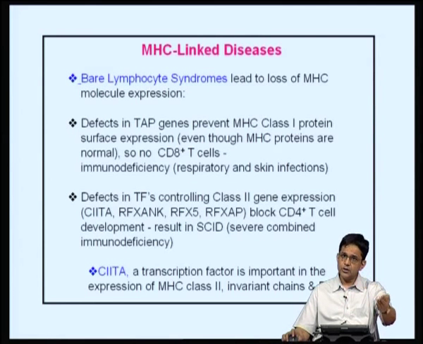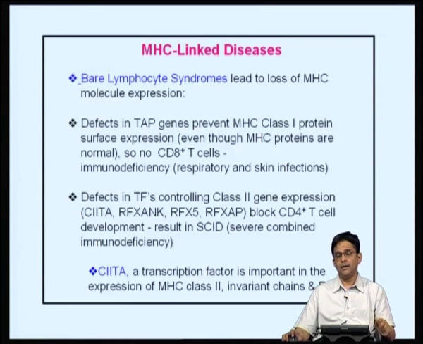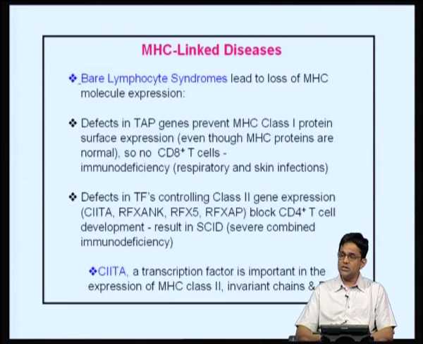What this would do is you would have less number of CD4 positive cells. In the absence of CD4 positives, which are important in helping macrophages, B cell help, and so on, it results in severe combined immunodeficiency. And CIITA is an example of a very important transcription factor in MHC class 2, and since MHC class 2 is so important, it results in severe combined immunodeficiency, and it is a very important bare lymphocyte syndrome.